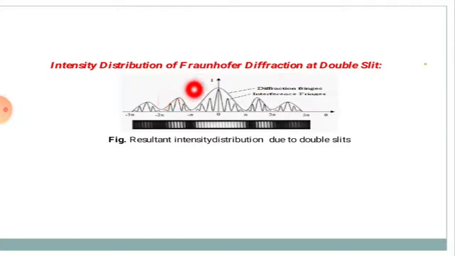This total graph shows the combined effect of diffraction and interference. So this is the intensity distribution curve for Fraunhofer diffraction at a double slit. So this is the complete detailed explanation about Fraunhofer diffraction due to a double slit.